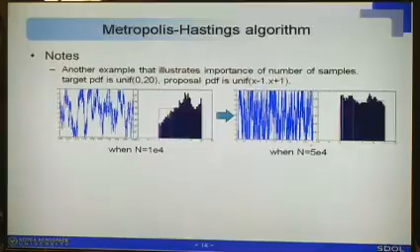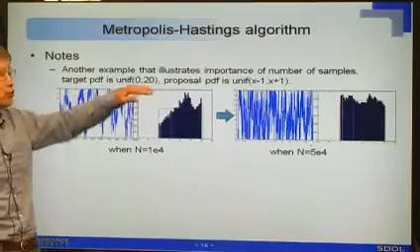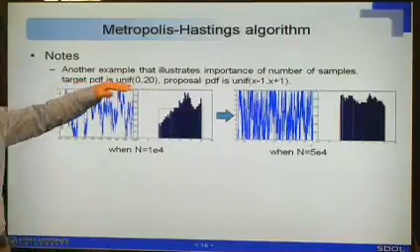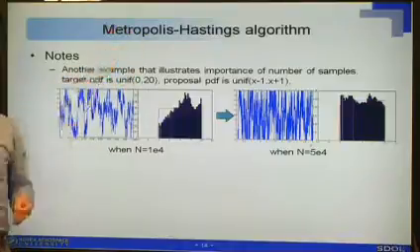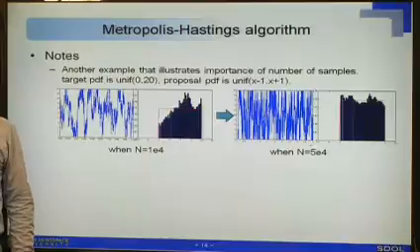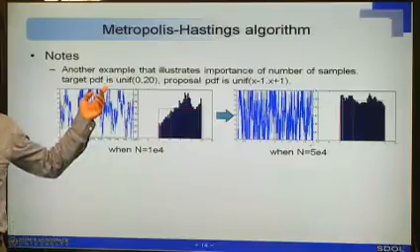The same thing, but another problem I introduce here to emphasize the importance of the number of samples. In this case, the target distribution is very easy, a uniform distribution, and employing MCMC is very stupid. We already know how to make samples for this.